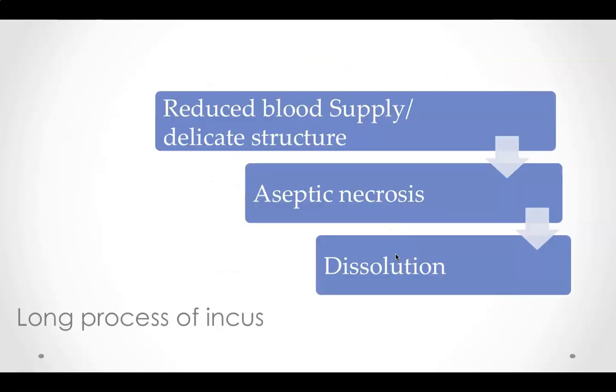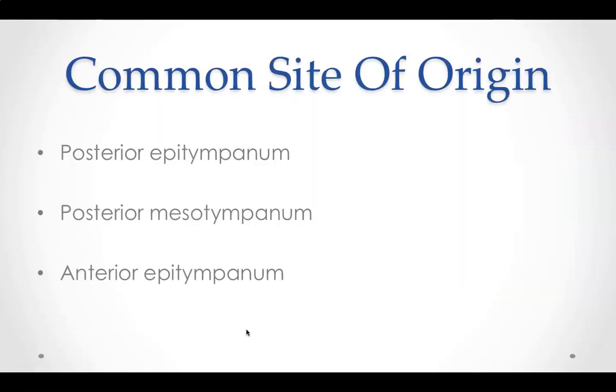Now, what happens is the area which has more reduced blood supply goes into aseptic necrosis first, and that causes the bone destruction. So that area is the long process of the incus in the ear. Okay, that has very less blood supply, so that's why it goes into necrosis first.